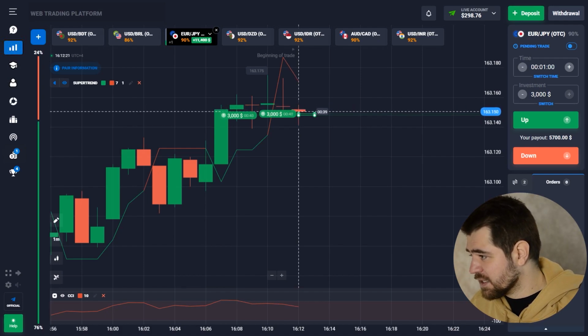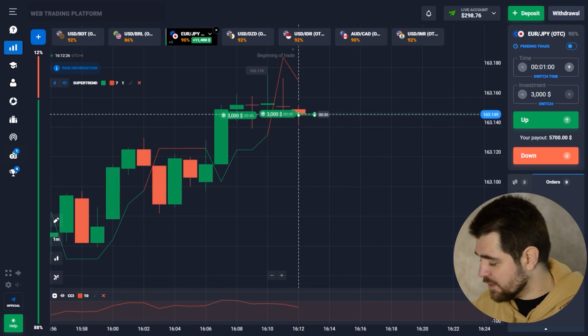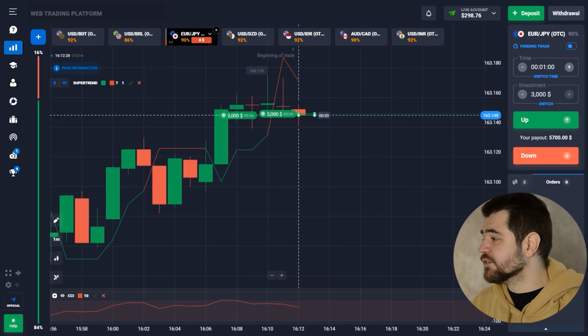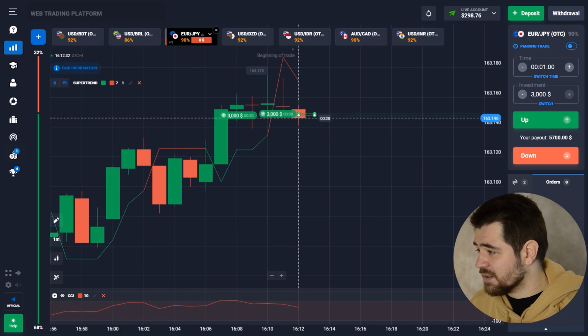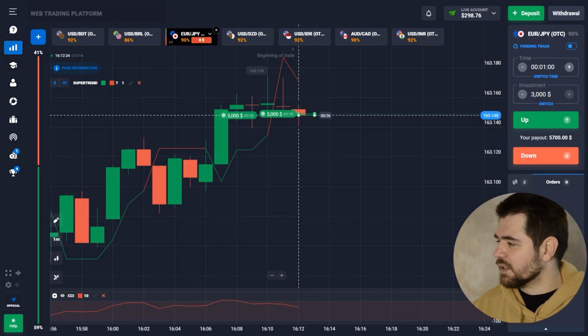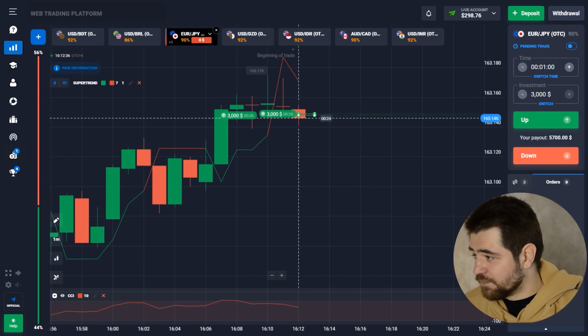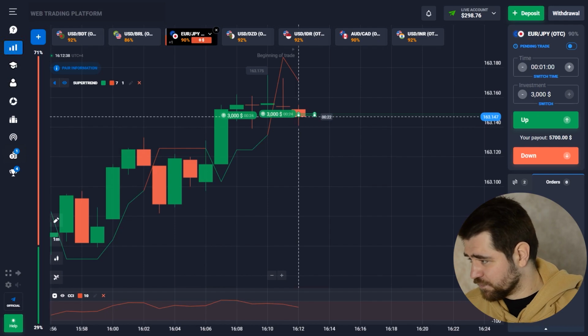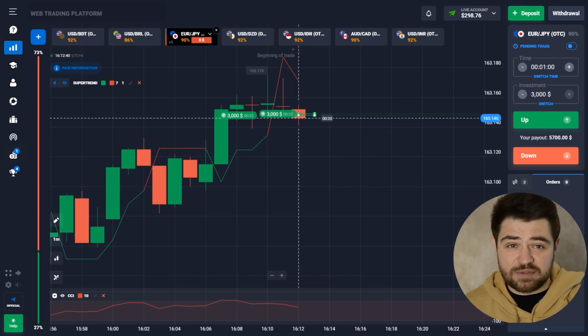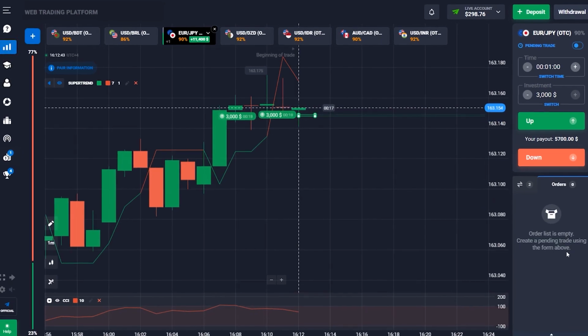So I'm thinking it's gonna repeat. Usually the flag repeats itself in the opposite direction, so we're expecting growth in the next couple of minutes at least. So let's wait for the result of this and we'll continue.